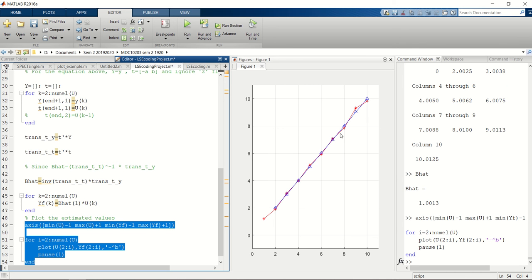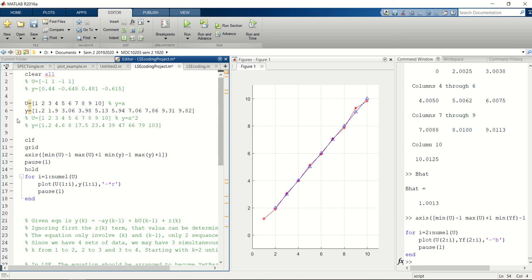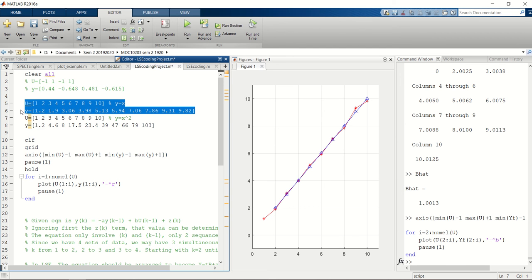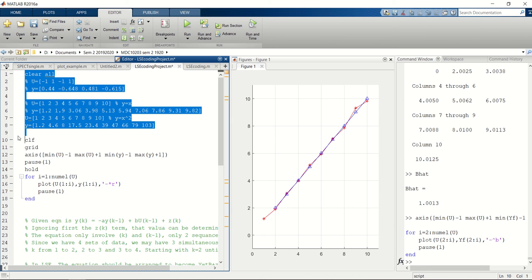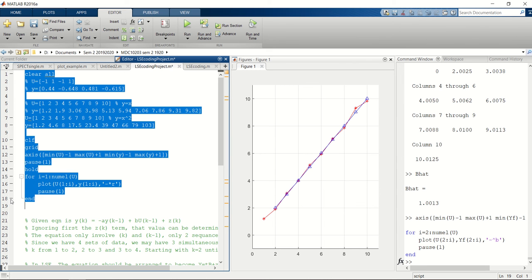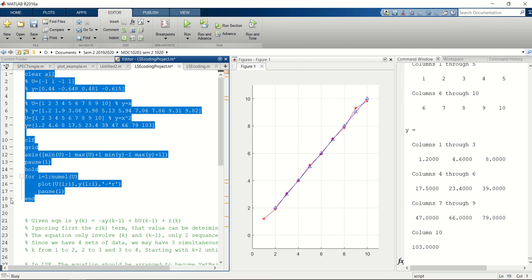Okay, let's say we go to our second set of data, this one. You disable the first one, and we look at our data plotting.